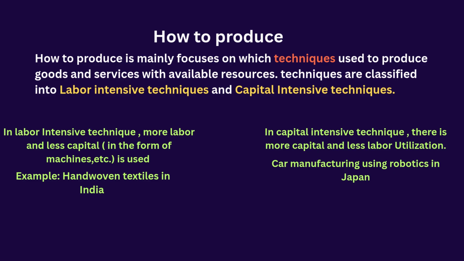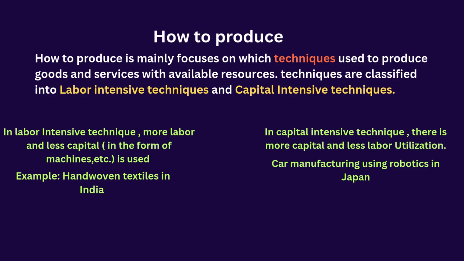But in India, we have a more populated country, we have a lot of people here, so people can work for less salary. So in India, we are using more humans to work, and they can earn money, right? It depends on the country, it depends on the resources.